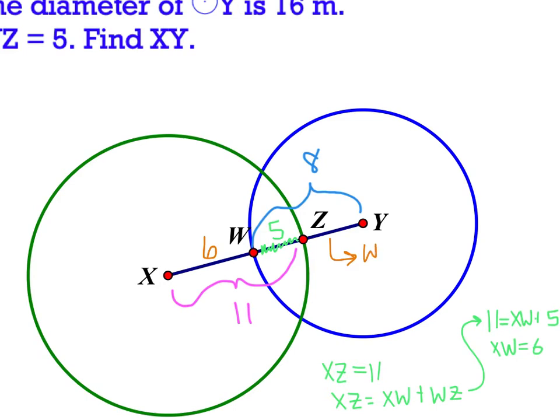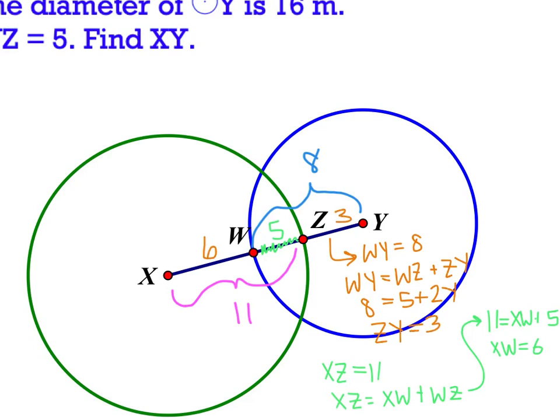I know WY is equal to 8. I also know that WY is equal to WZ plus ZY. WY is 8. We figured that out in the beginning. WZ is 5 plus ZY is my unknown. So ZY is going to equal 3.